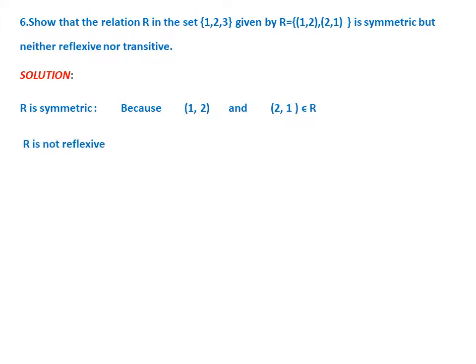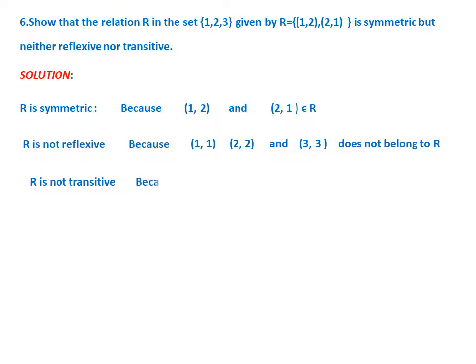It is not reflexive because (1, 1) is not there. That is sufficient. (2, 2) is not there and (3, 3) is not there. Even if you write one, it is sufficient. Then is it transitive? No, because you see here (1, 2) is there, (2, 1) is there, but (1, 1) is not there. That is sufficient actually. So it is not.